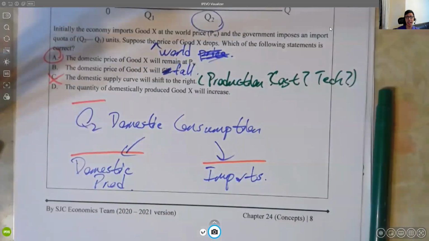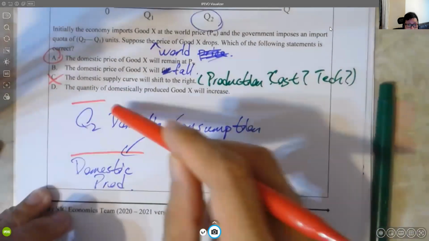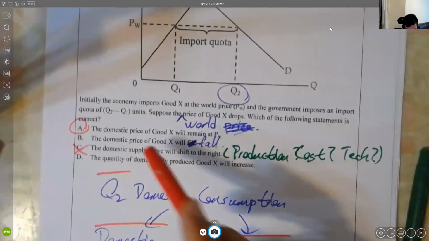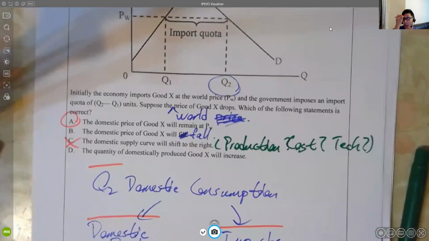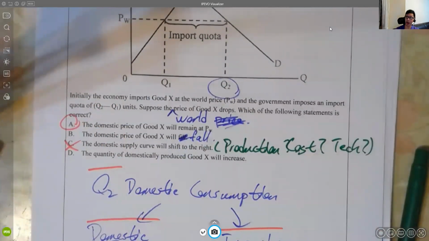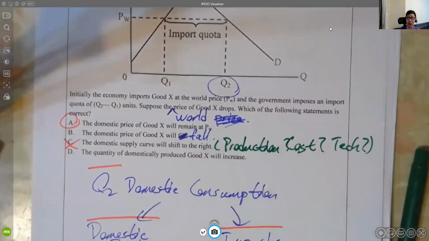Q2, it didn't change anything at all. Okay? Since Q2 didn't change, would there be any change in the domestic market? No. Therefore, answer would be A. 冇嘢變過啊. Okay? 好嘛？Quantity, of course, would also not increase because, again, nothing has changed.